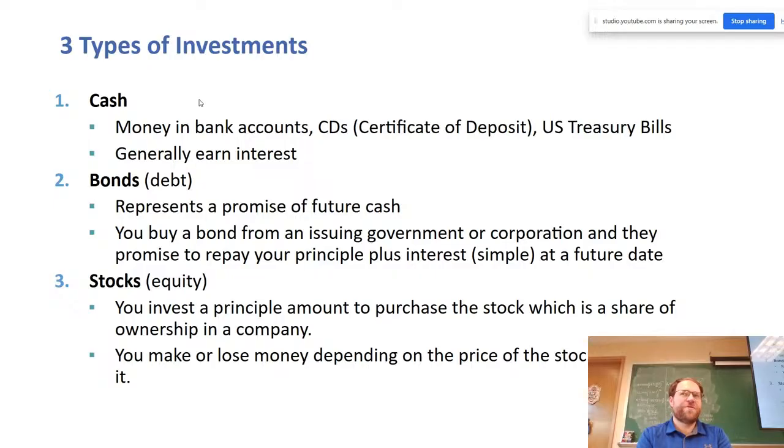So in other words, you don't get anything, but you're getting a promise of future cash later on. Stocks mean that you purchase something and you're getting something in return. Typically ownership in a company of some kind. You make or lose money depending on what the price of the stock is.